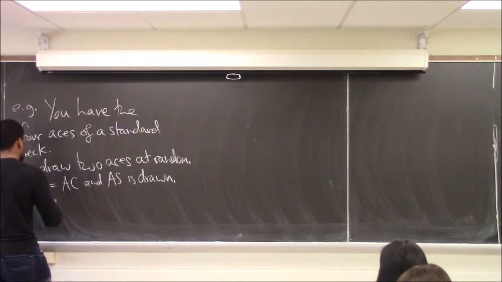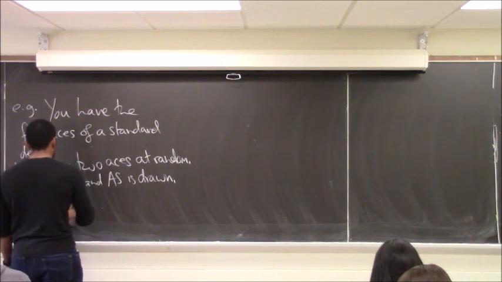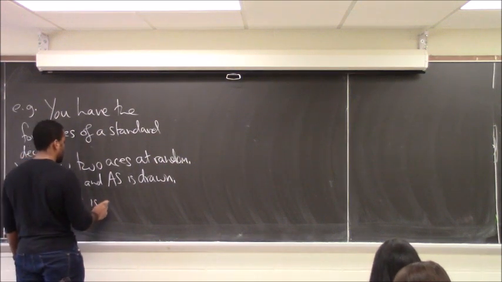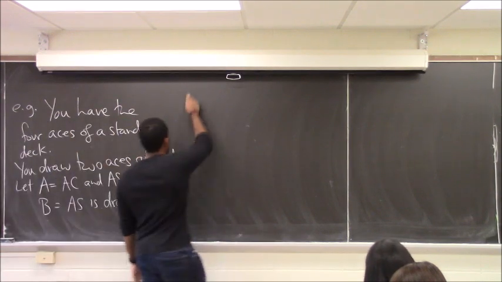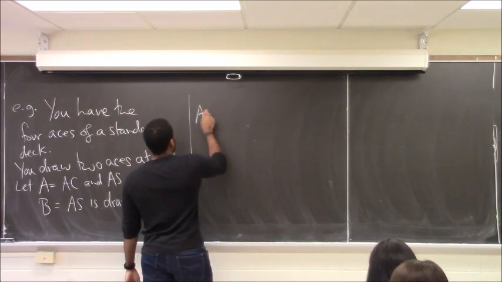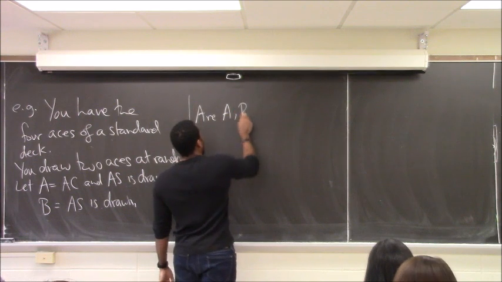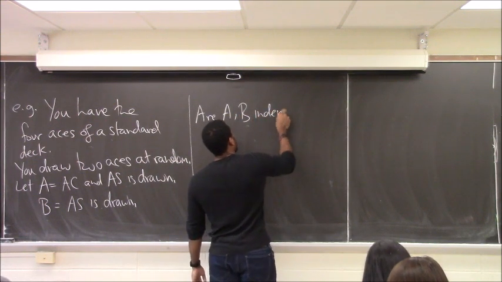Let B be the event: the ace of spades is drawn. Are A and B independent?